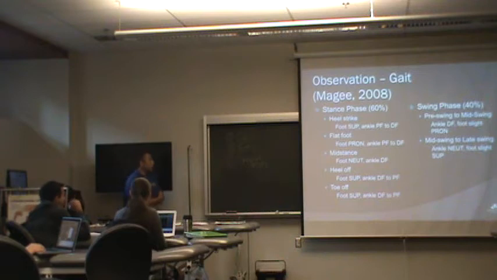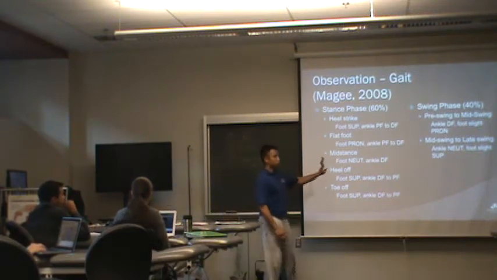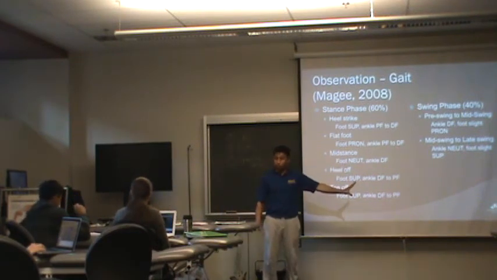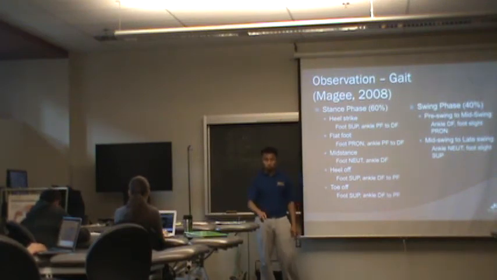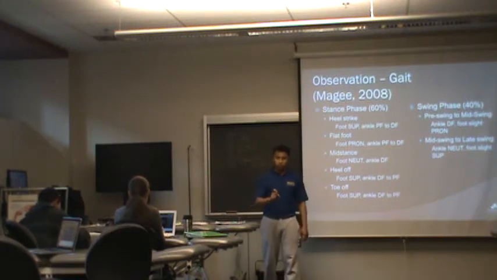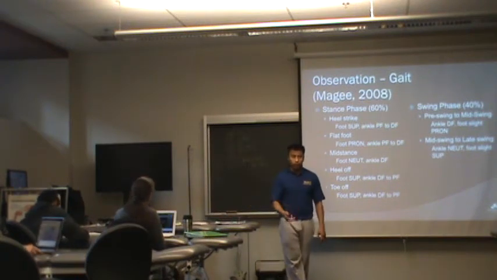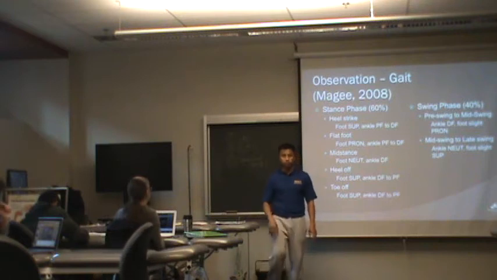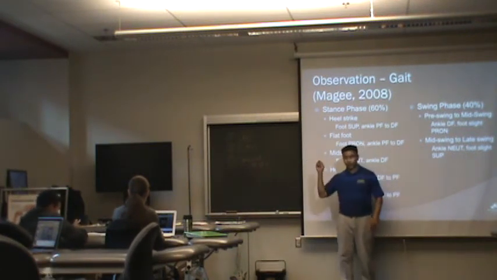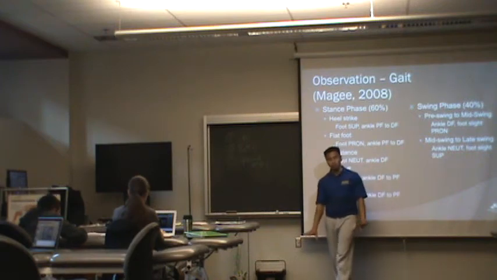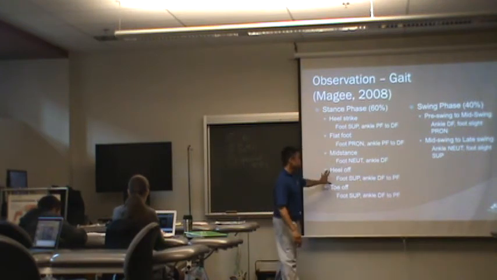Okay, so gait. You do not need to know all of this. What you need to know are the two phases, because in the winter, Khadijah will go through postural assessment and a thorough gait assessment. What you need to know: stance phase and swing phase, 60 and 40%. That's all you need to know. Don't worry about all this other stuff that happens.